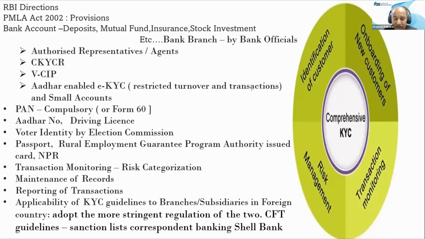PEPs are those people who are appointed by a foreign country and are in our country as, for example, an ambassador. For such people, when we open the account, we have to treat them as PEPs. Similarly, if Joe Biden wanted to open a bank account here, he would be a politically exposed person. So there are domestic PEPs and foreign PEPs. The guidelines relating to PEPs in a country are not for domestic PEPs, but for foreign PEPs.